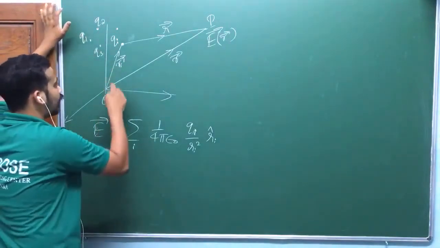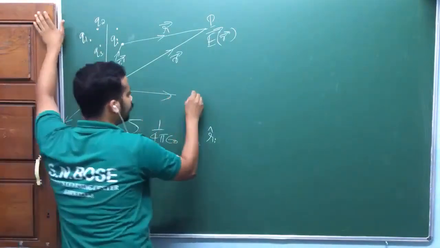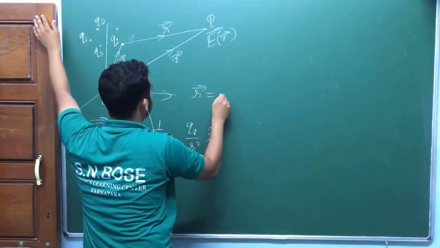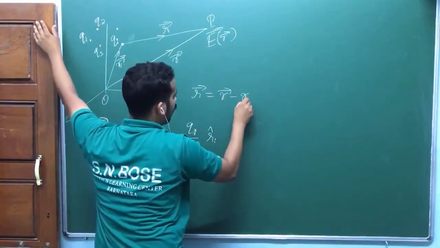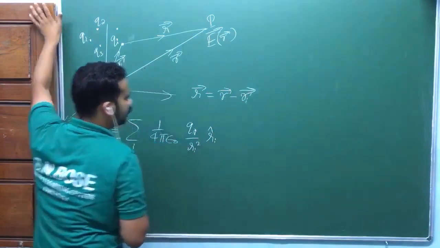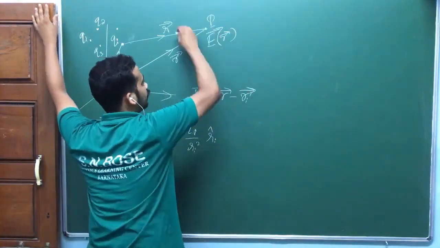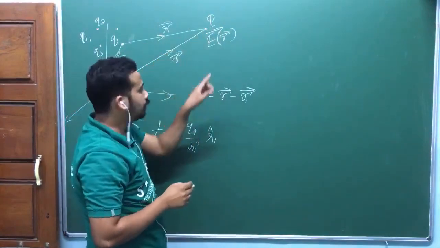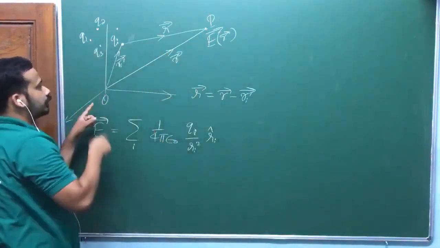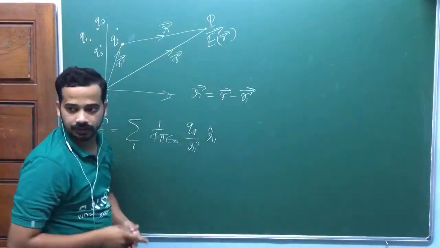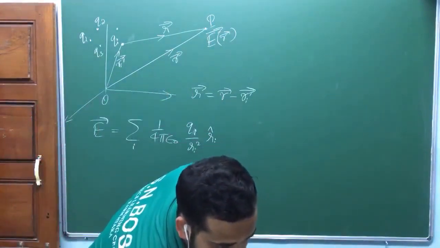That's why this Ri prime, italic R vector, is equal to R vector minus Ri prime vector. If you move in space, this Ri prime vector will not change, but this R vector will change. Are you getting my point?